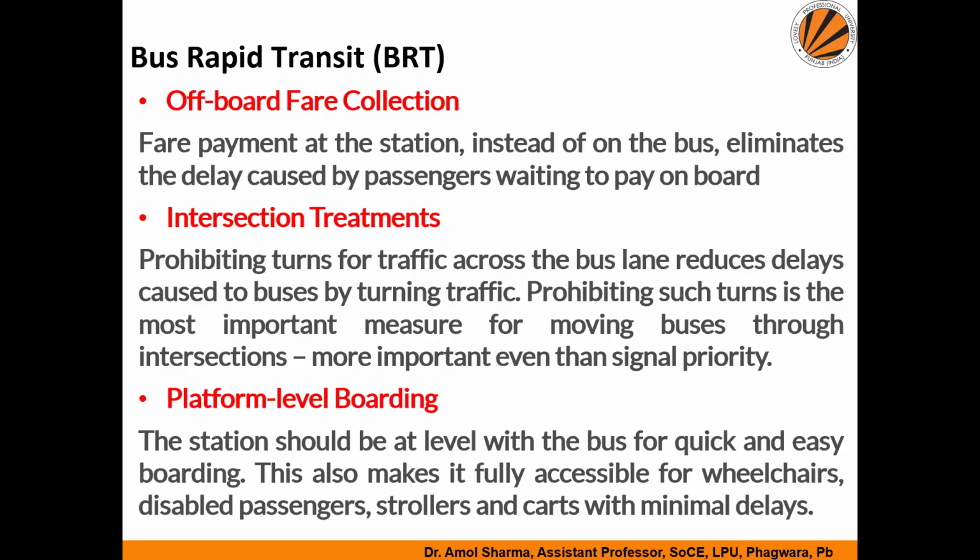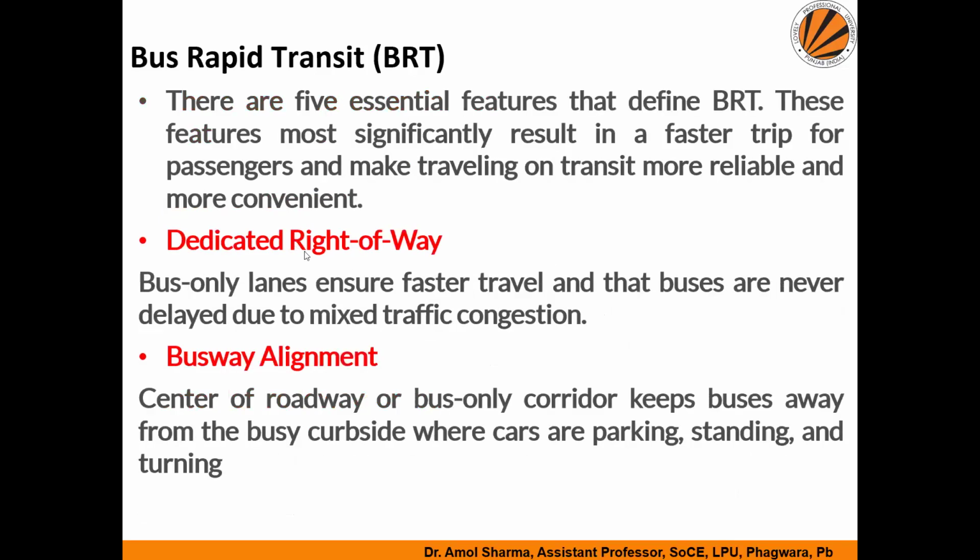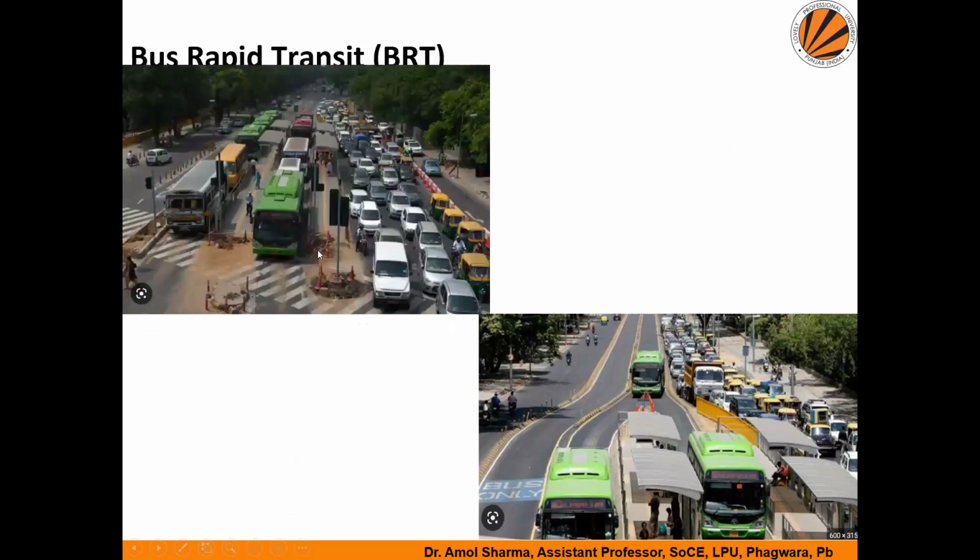Then some intersection treatments are done. For example, in this intersection, a separate way is provided for the buses too. So in this intersection, the buses will easily cross the traffic light, whereas private vehicles will take more time as compared to the bus systems. Then they have platform level boarding. We discussed that separate boarding of the buses through bus stands provided at grade is available.